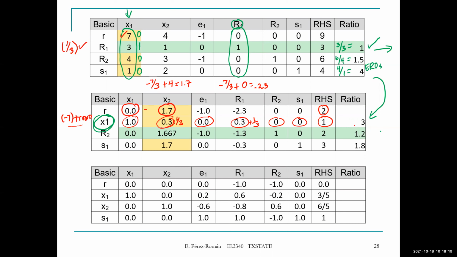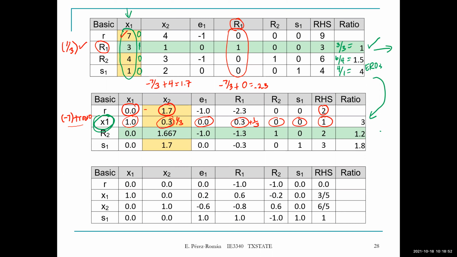Since x1 is replacing R1 as the basic variable, this is the format for the basic variables. So that's why this becomes 0, 1, 0, 0, because you are replacing R1 in the basics.